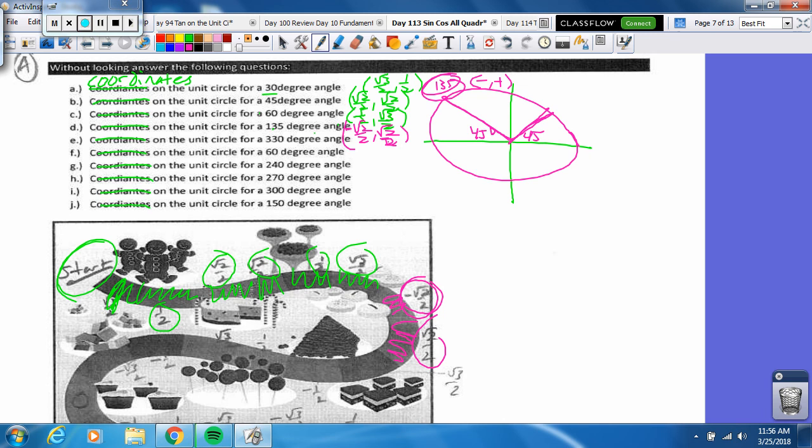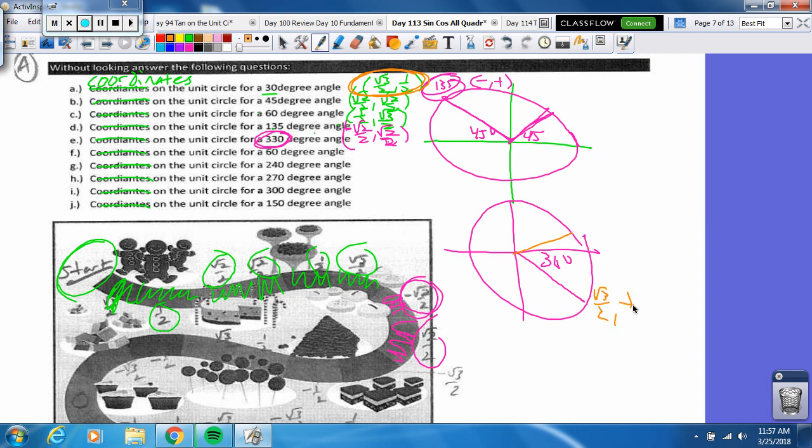All right. So next one is 330-degree angle. Oh, man. 330. All right. So draw another picture. 330 right here. That would be a 30-degree reference angle. So 330 is all the way here. 30-degree angle is the same as this right here. So that would be radical 3 over 2, comma, 1/2.